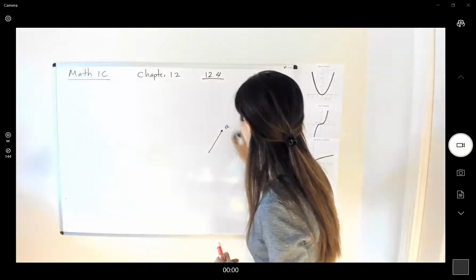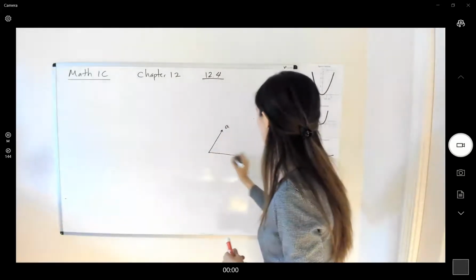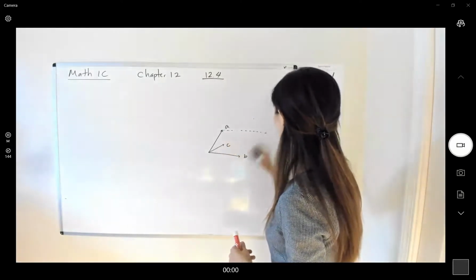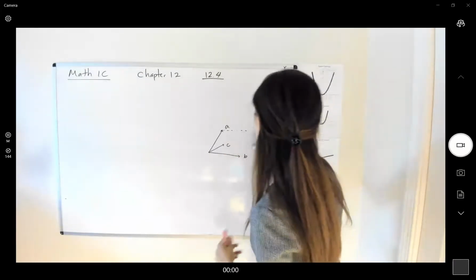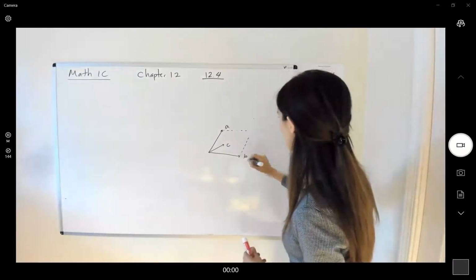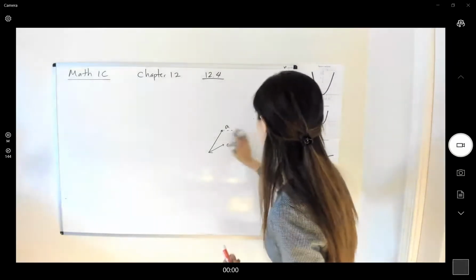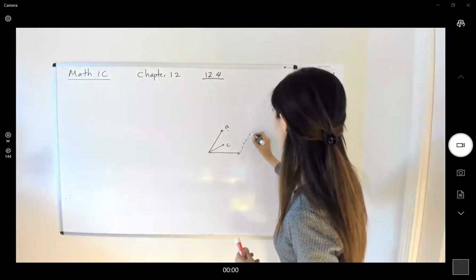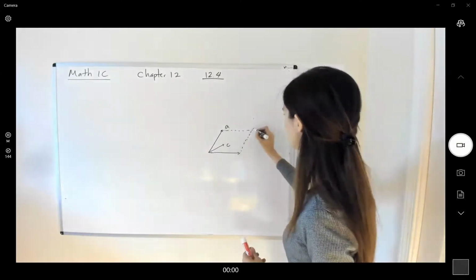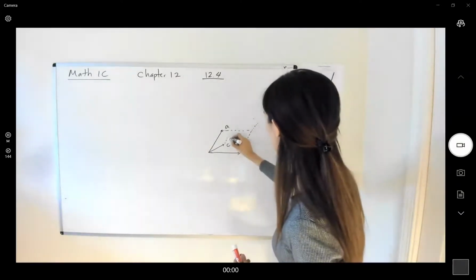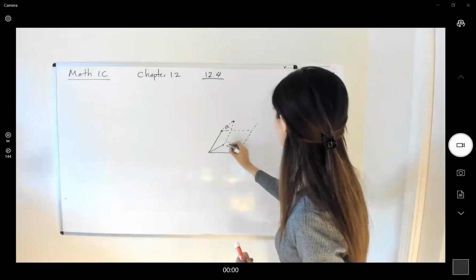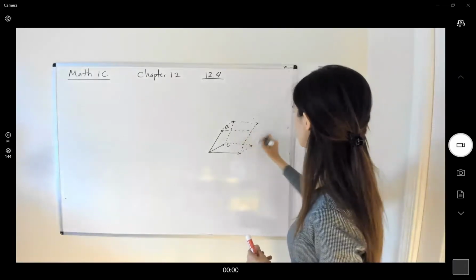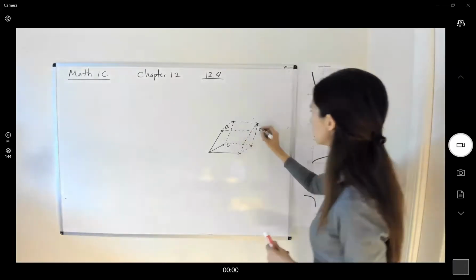Suppose you have vector A, then you have vector B, and here you have vector C. So suppose you form a 3-dimensional object here. Put this one here, horizontal axis. Suppose you have a 3-dimensional object.